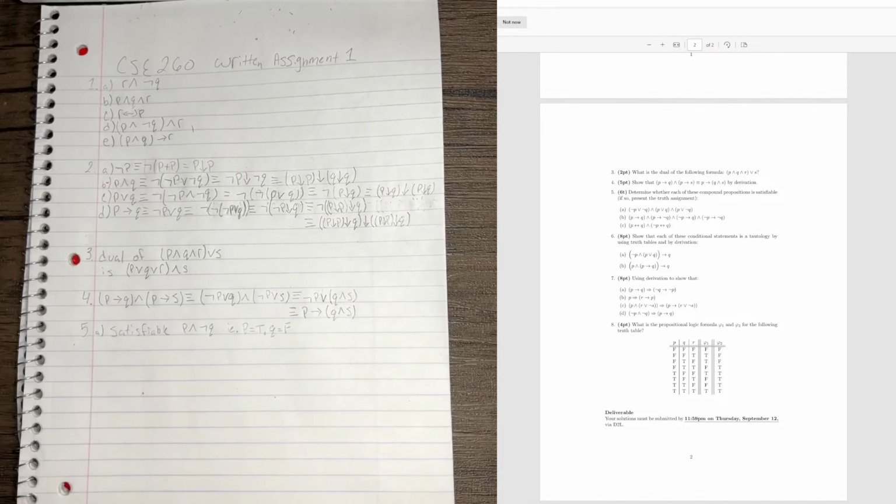Let me double check that. P is equal to true, that's false. Oh wait, no, that's P or not Q. So not Q would make that true, so that could be good. P or Q, P would be true, which is good. And again, P or not Q, which would be true. So yeah.